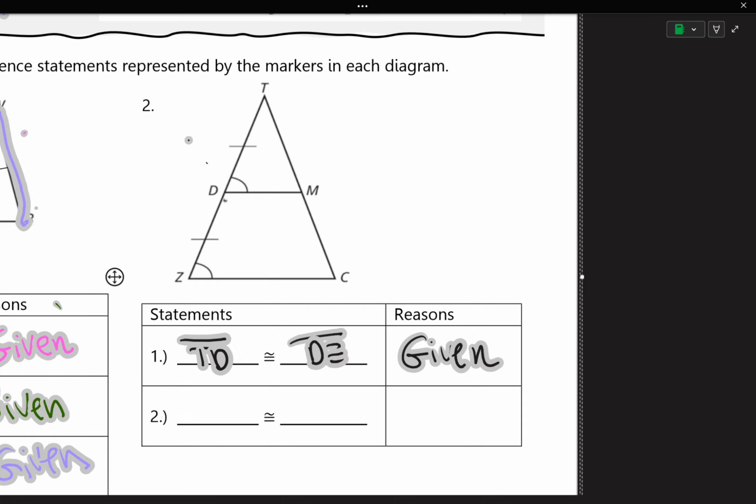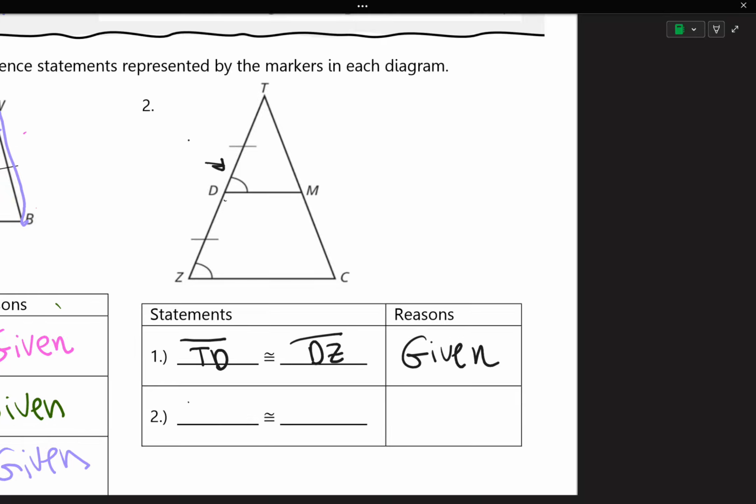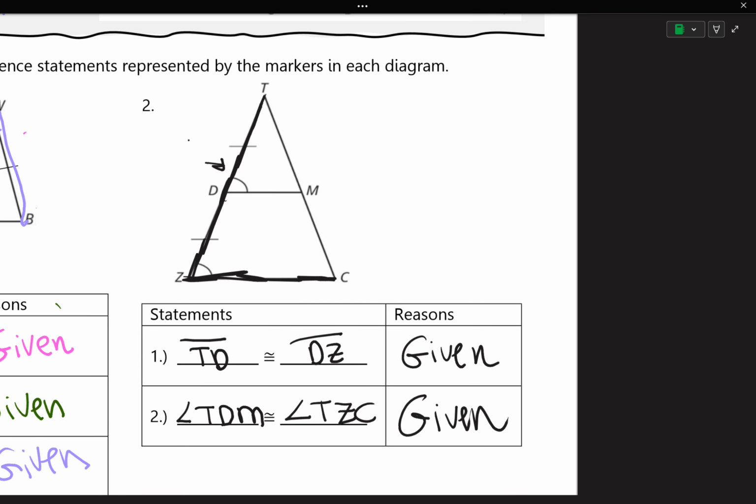I'm going to start with this top angle. I'm going to call this angle TDM. And I'm going to set it congruent to the bottom angle, which is TZC. Why are they congruent? It was given to us.